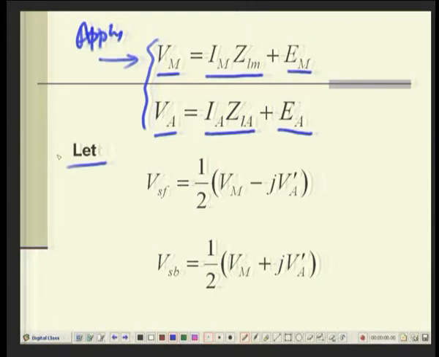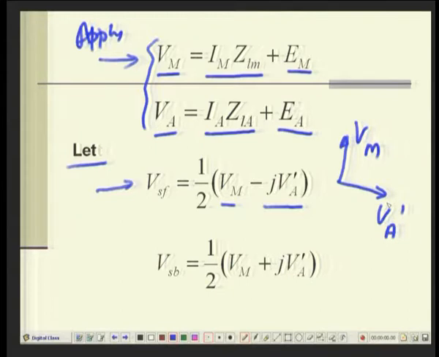Now, let us denote what is known as the forward voltage, that is Vsf is half of Vm minus j Va dash, just like your positive sequence. I define a forward voltage, just like the forward field will produce a set of voltages. I make it as j Va dash, because after all there is a Vm, and if it is a balanced system, then Vm must be equal to Va dash, is it not, only due to forward field.